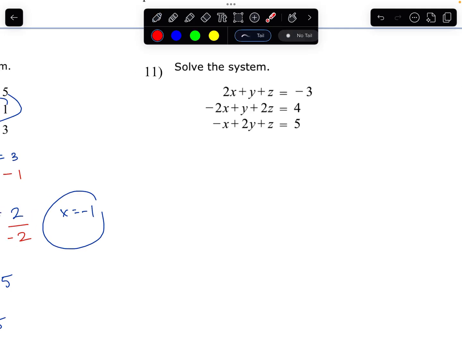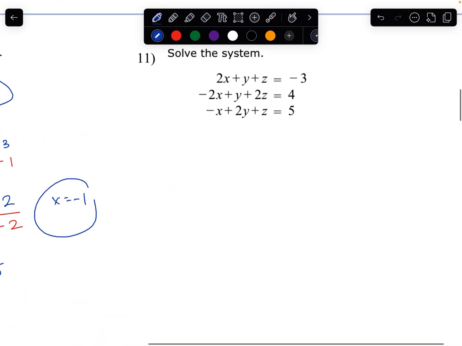What we want to do is solve this one by elimination. So we want to try and cancel out x's, y's, or z's. So I think I'm going to cancel out x's. I can see that that's kind of an easy target right here. But remember that you have to commit to eliminating x first for all of them. If I chose y, I would have to commit to y. If I chose z, I would have to commit to z. So I'm going to commit to x.